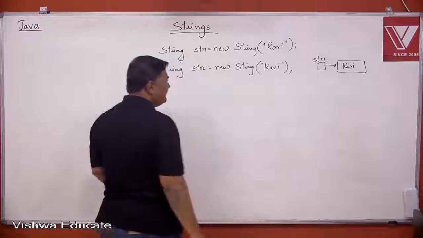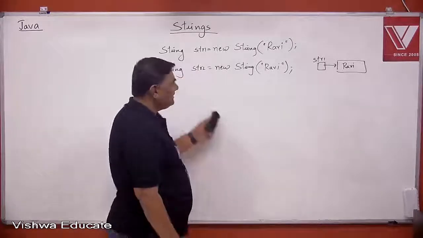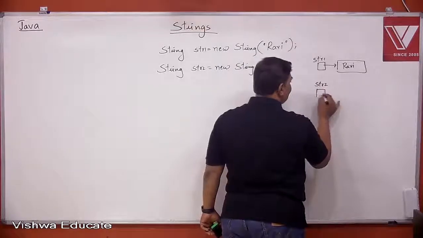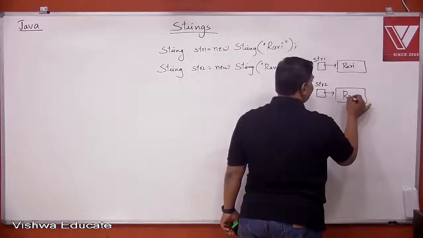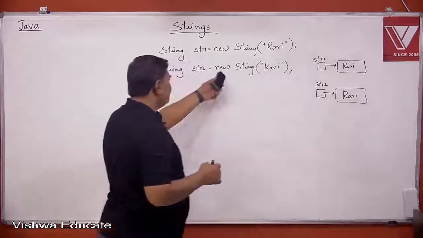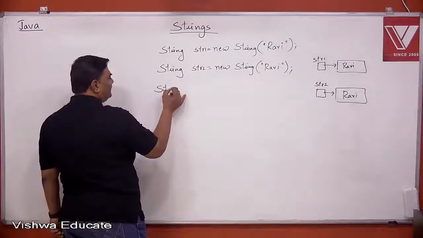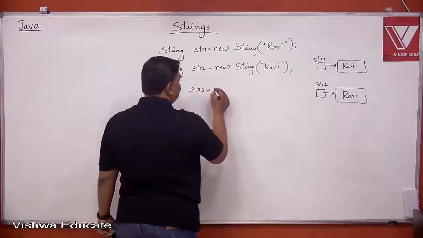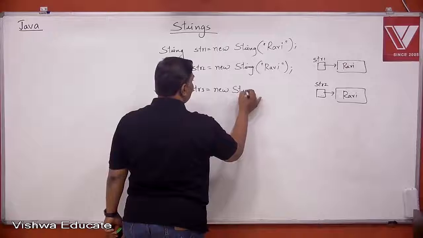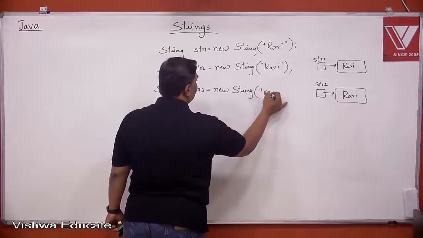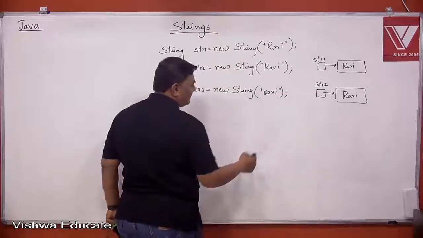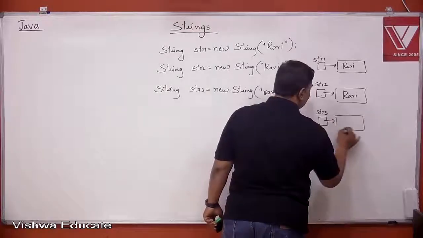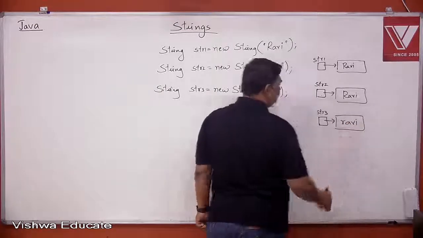Now first of all, tell me whether it will create a new object or str2 will also refer to the same thing. It will create a new object, because you have explicitly written new here. So a new object will be created. So I will create one more, String str3 assign new String Ravi.